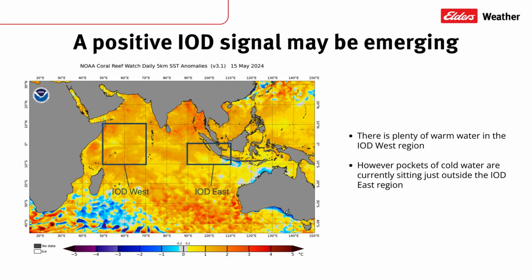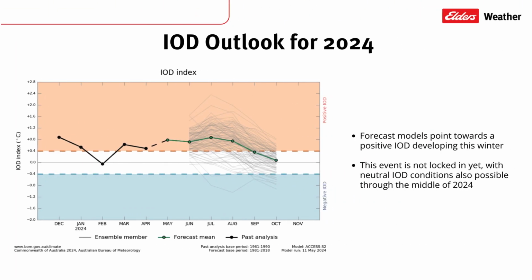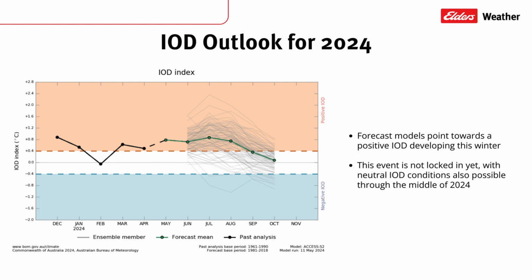If they expand near the surface, then we could be seeing an IOD event developing in the coming weeks or months. The latest outlook from the Bureau of Meteorology does suggest that we could see that positive Indian Ocean Dipole event being declared this winter if we continue to see that positive IOD signal in the index being sustained for at least 8 weeks as we move into winter.